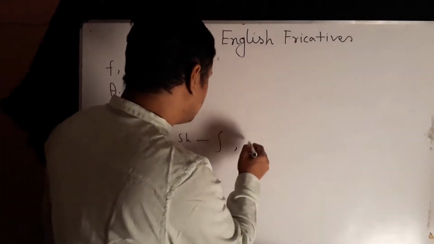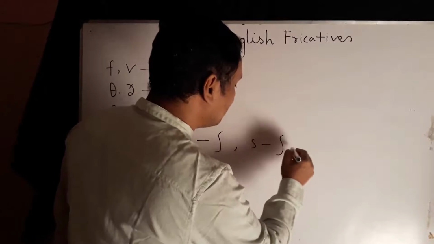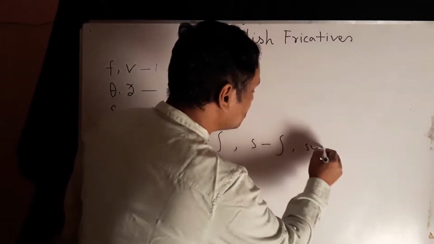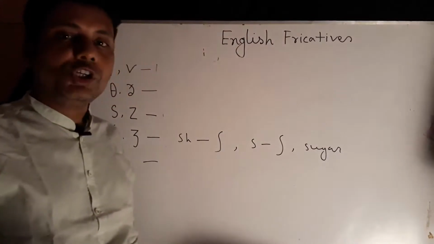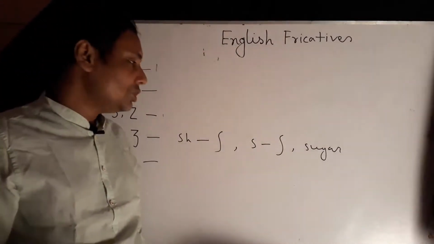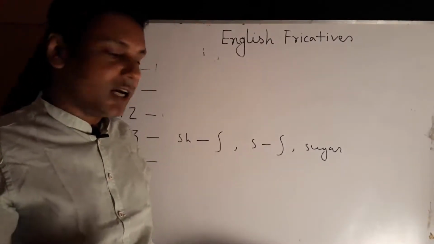Sometimes S is pronounced as sha. For example, sugar, or sure, S-U-R-E, where S is pronounced as sha.